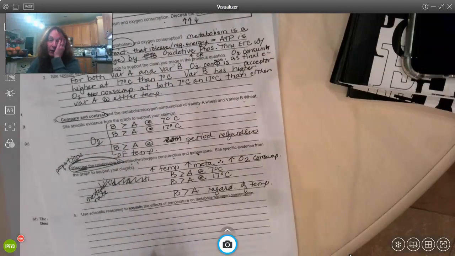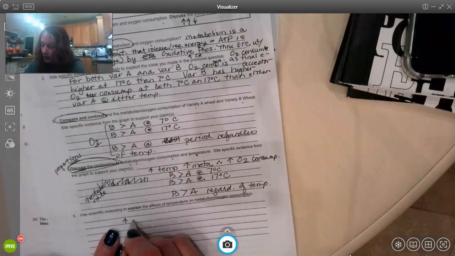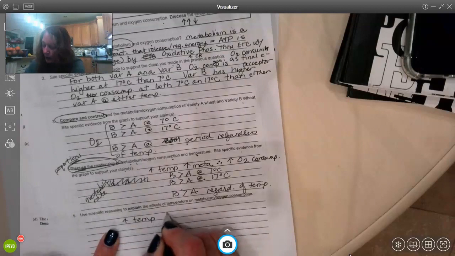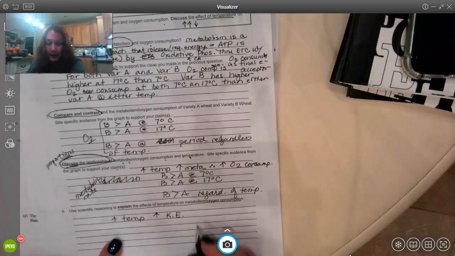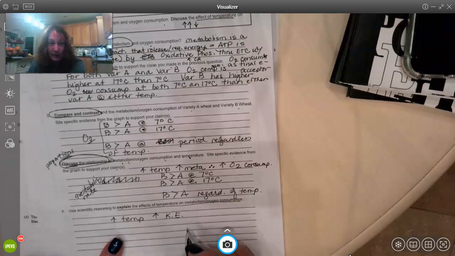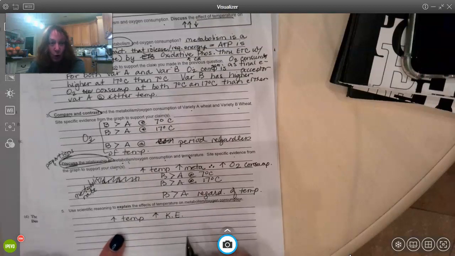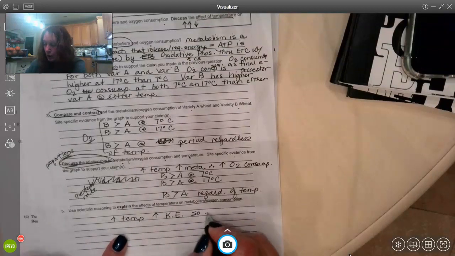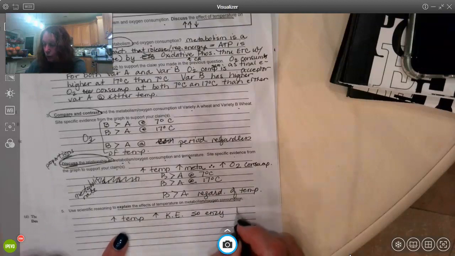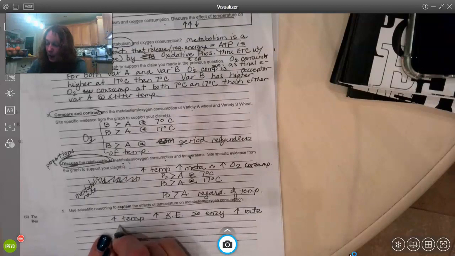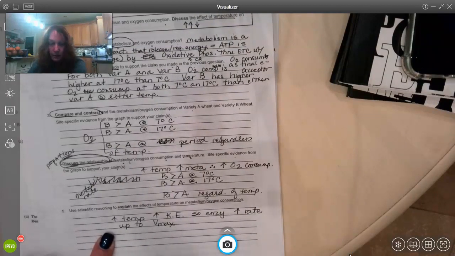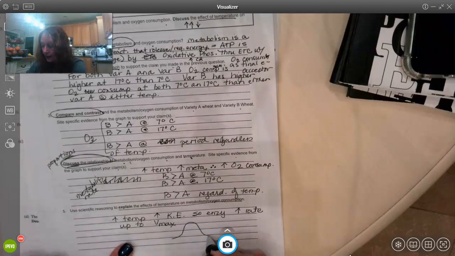Okay, you got to be careful here. So if you have an increase in temperature, you're going to have an increase in kinetic energy, right? And that will, within a certain limit, allow enzymes to work faster. So enzymes will increase their rate up to Vmax. Remember how this works. It looks like this.